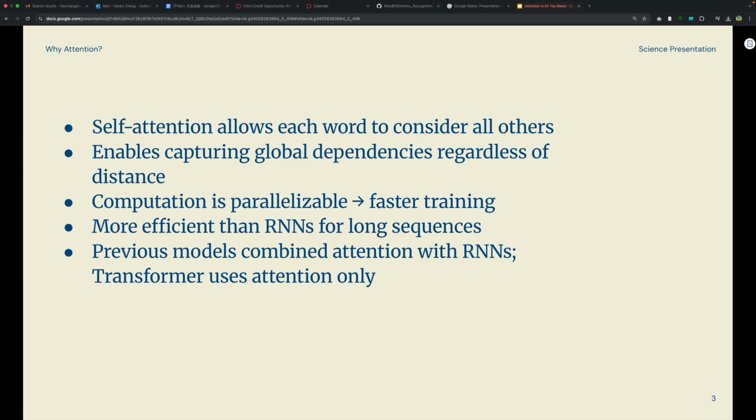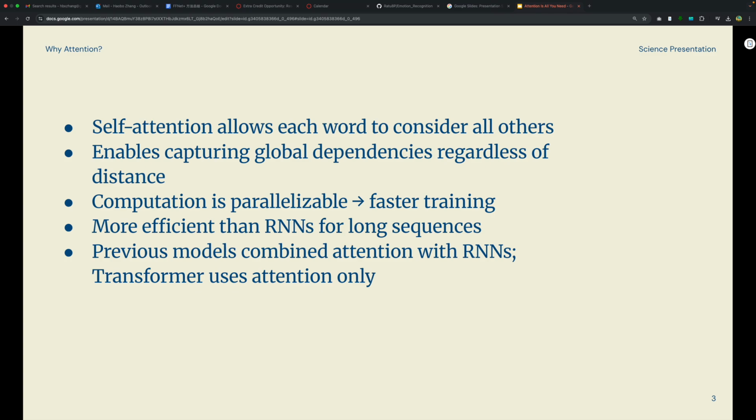So, why is attention important? In natural language, the meaning of a word often depends on another word in the sentence, sometimes one that appears far away. Traditional models like RNNs and LSTMs process sequences one token at a time and must rely on memory carried across many steps, which can cause important contextual information to decay or vanish.